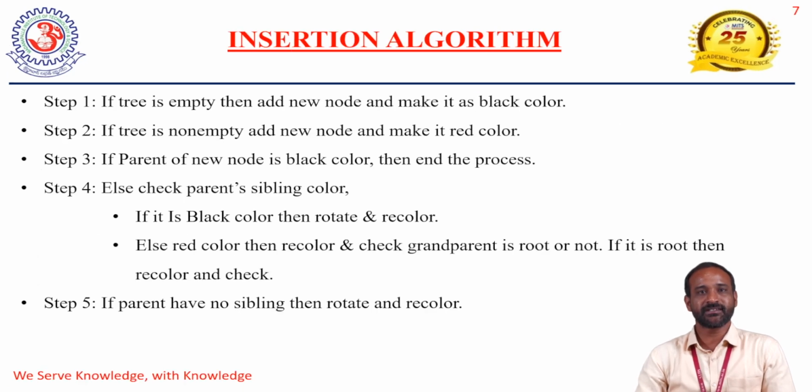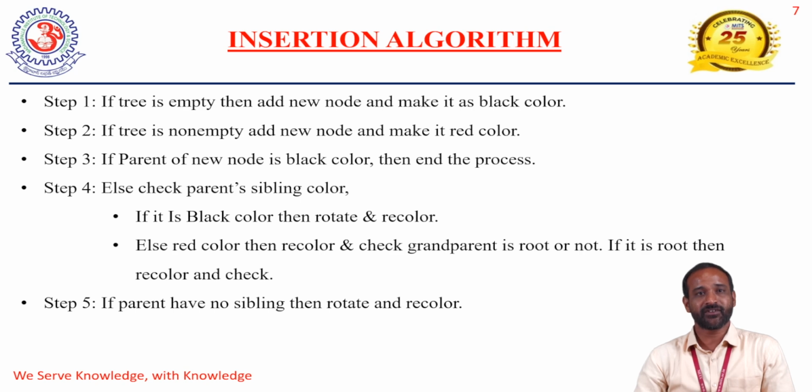Now coming to the insertion algorithm. Up to now we have seen some steps related to insertion. Now, how can we actually start the procedure to insert an element in a red black tree? It follows a certain procedure. You people know about the algorithm: it is nothing but a step-by-step process.